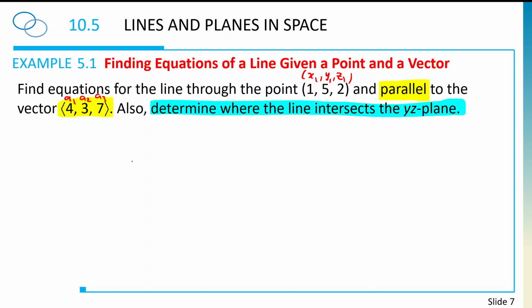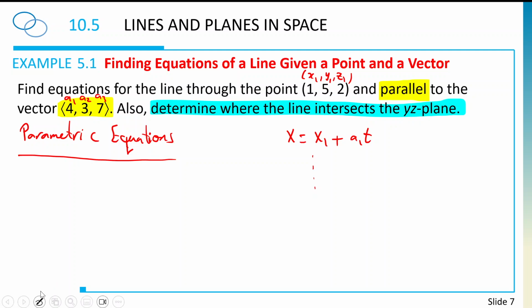Now remember from the previous slide, x equals x1 plus a1t, and the same applies for the three of them. We'll try to follow that. It's very easy and straightforward. So I need to find first the parametric equations. So x equals x1, which is 1, plus 4t.